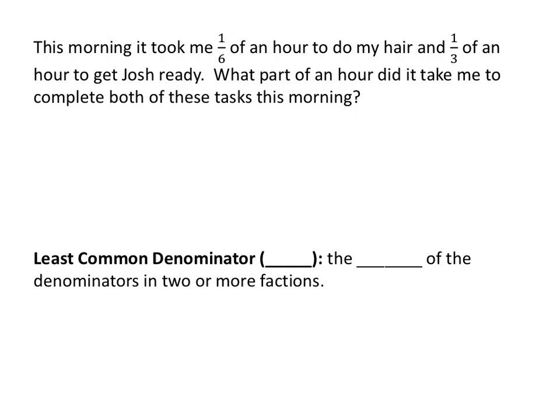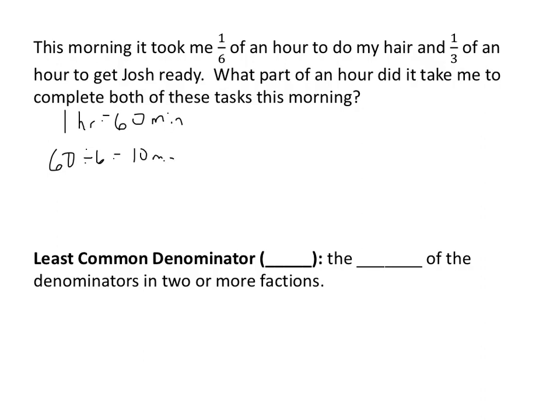Okay. One way we could look at this is if you think about an hour as 60 minutes. If I have 1/6 of an hour, I'm basically taking the 60 minutes and dividing it into 6 parts. So 60 divided by 6 gives us 10 minutes.